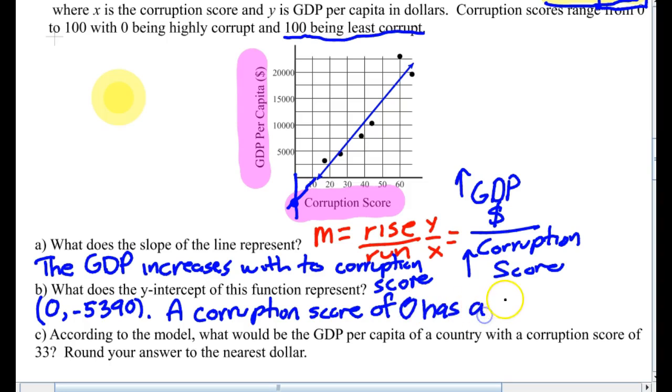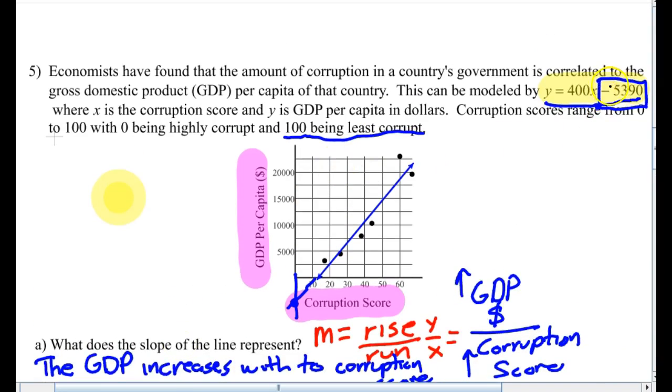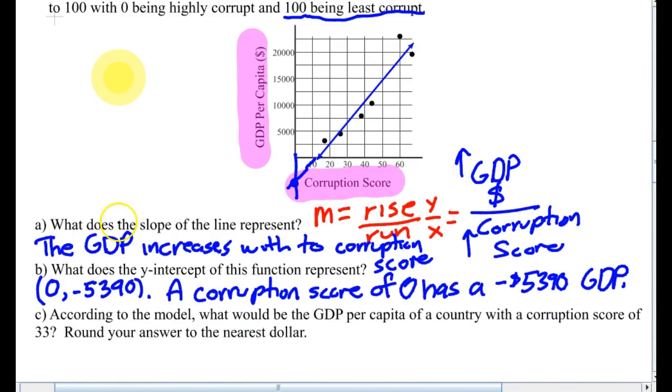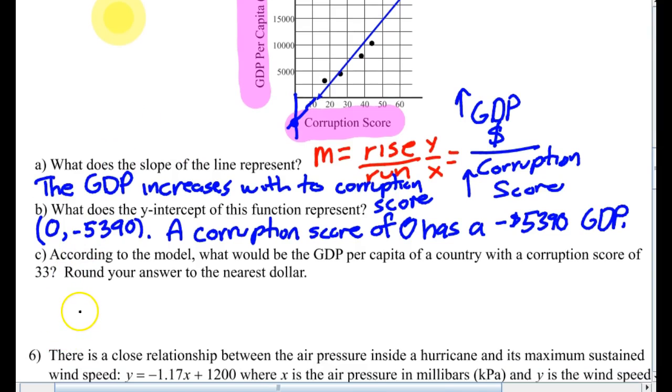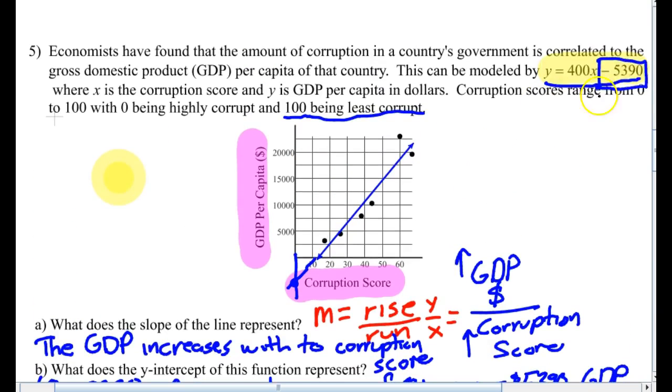A corruption score of 0 has a negative 5,390 GDP. So it's simply putting a 0 in front of whatever that y-intercept number is here. Okay. And I could actually put the number. I should have done this as well for the first one.